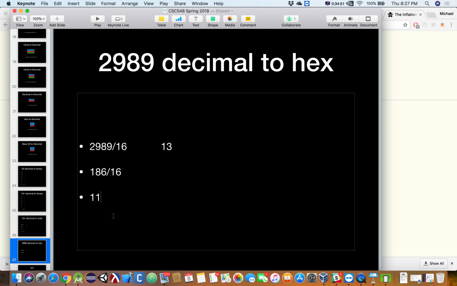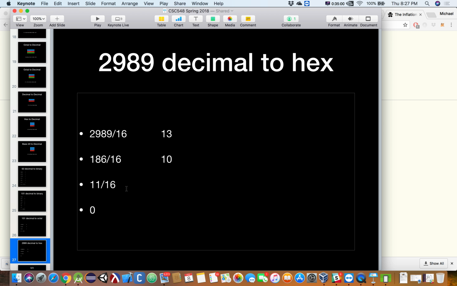That's 176. So that's a remainder of 10. 11 divided by 16 is 0, so we know we're done. Remainder 11.